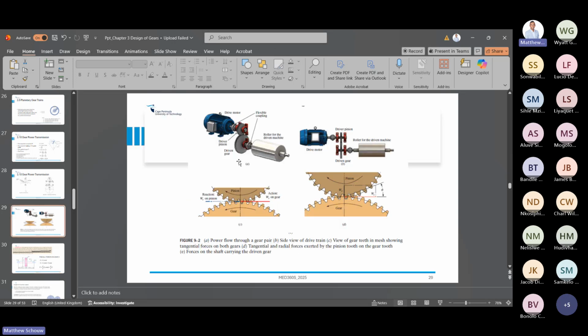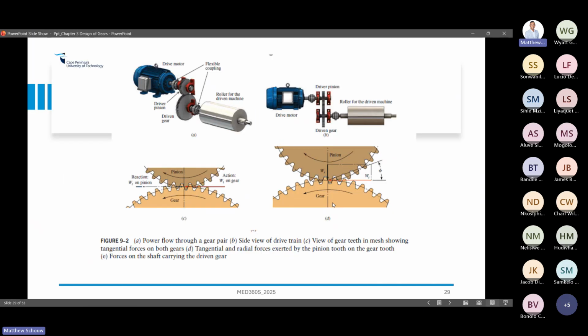So again, on the screen, you can see here, the gear turns, you have the tangential force, and you have a radial force separating the two gears, and the resultant will be that one. And that's when the pressure angle is so important.